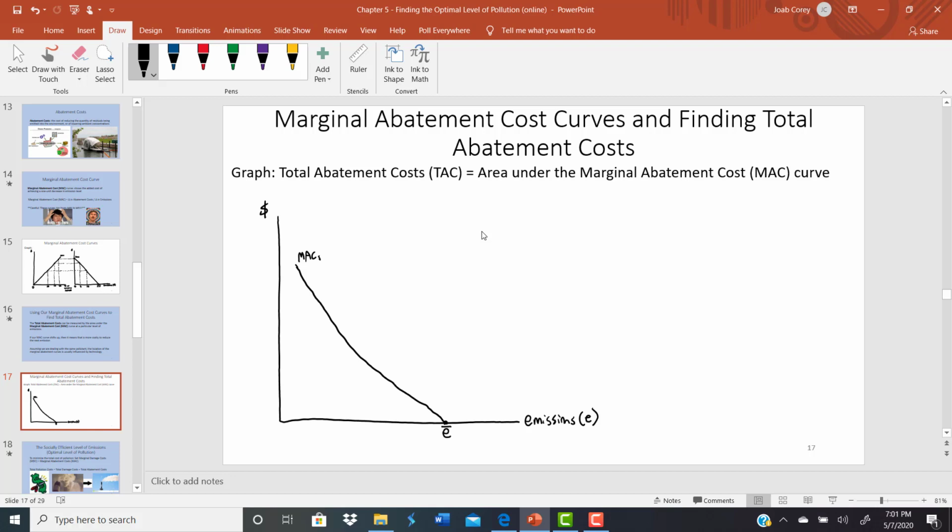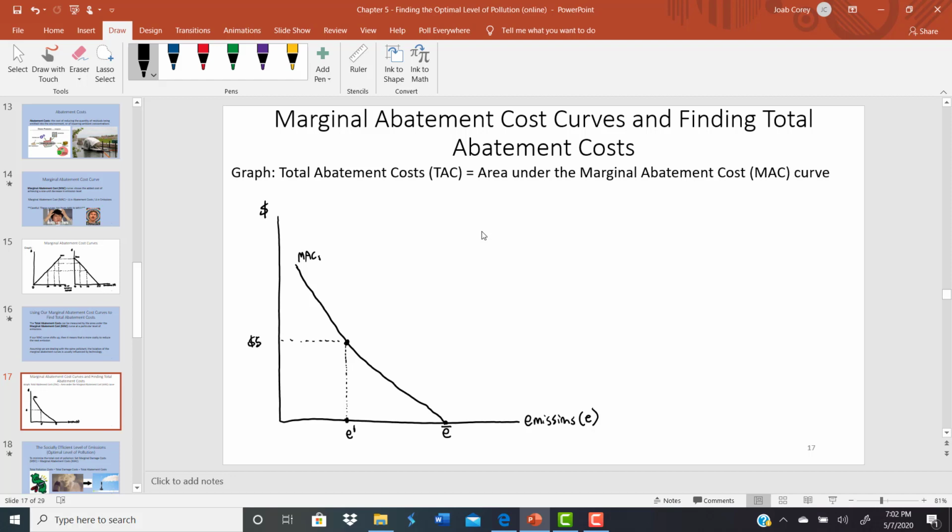So what happens if we are at, say, E1 here? Well, at E1, if we go up to our marginal abatement cost curve, that tells us the cost of getting rid of another emission when we're already at E1.